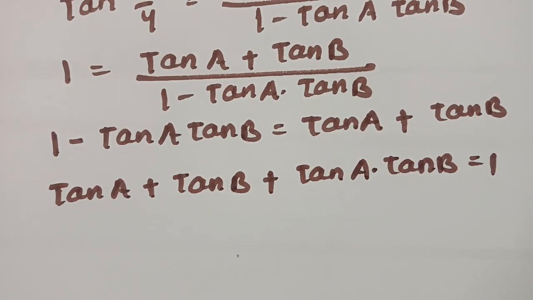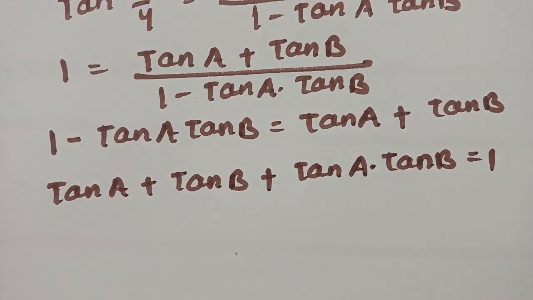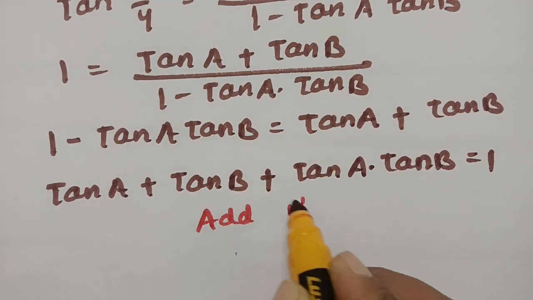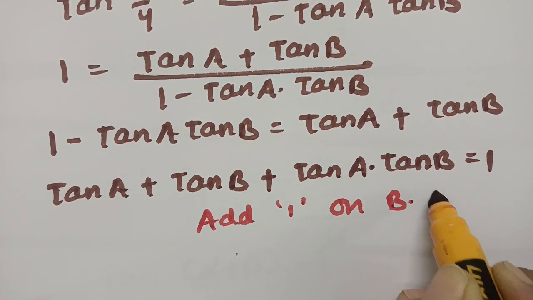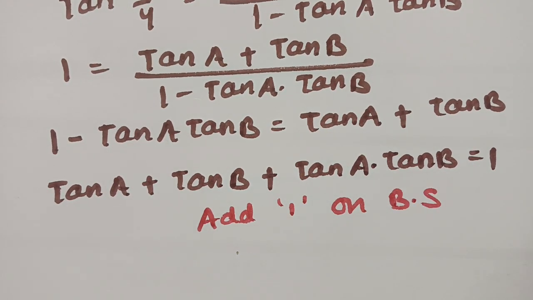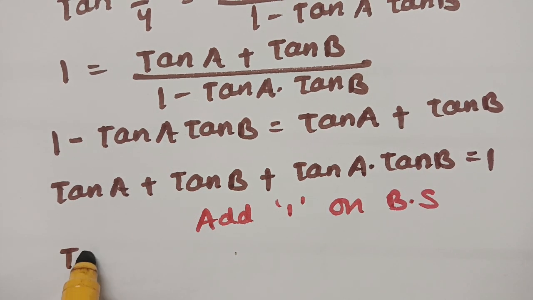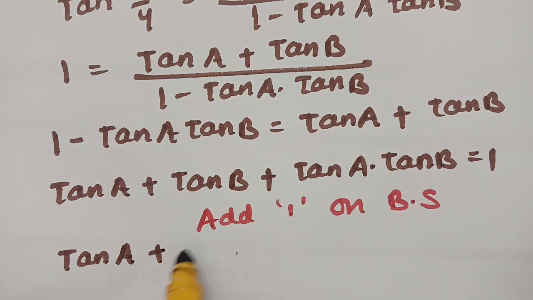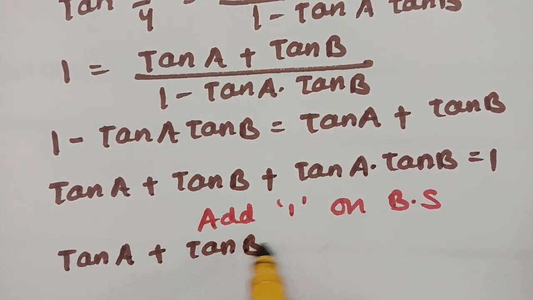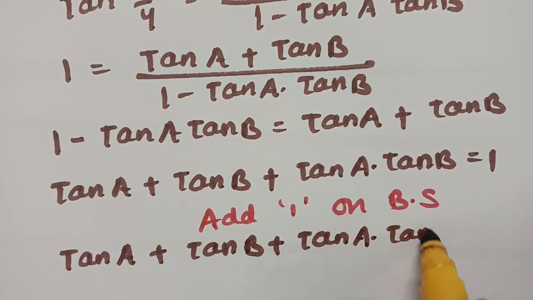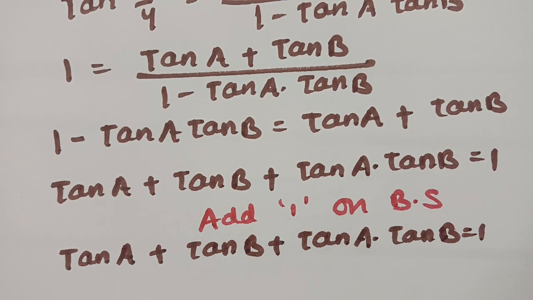Clear? So if I add 1 on both sides, then this will be tan A plus tan B plus tan A into tan B plus 1 is equal to 1 plus 1.